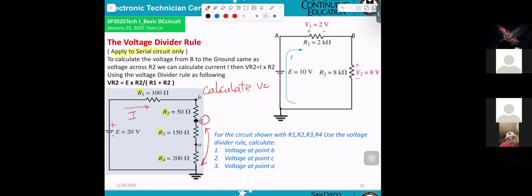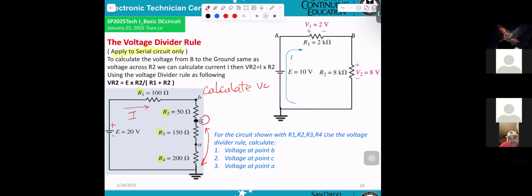If you calculate the current I, then multiply by 150, you get the voltage across R3, and multiply by 200, you get the voltage across R4.